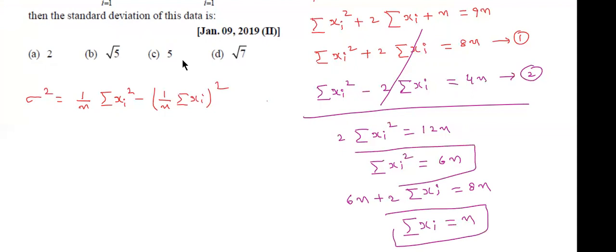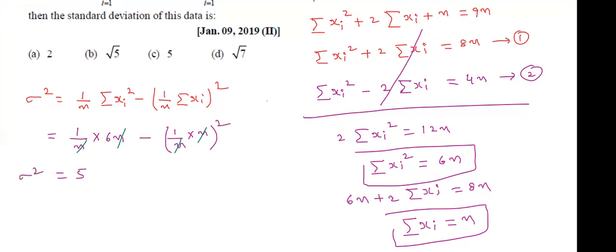These values substitute here: 1 by n into sigma xi square value 6n, minus 1 by n into sigma xi value n whole square. Observe that n and n cancel, here also n and n cancel. Overall, we get 6 minus 1, 5. This is the sigma square value.